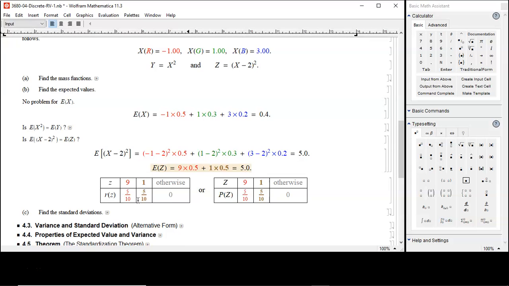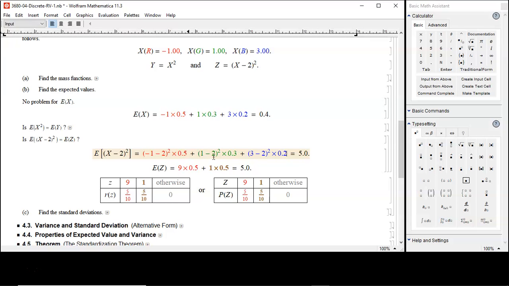So 5 red balls, and then 5 either green or blue balls together, because there's no difference between green or blue. So directly we can calculate like this from the mass function of z, or you can calculate from x because z is defined by x minus 2 squared. So for x we have red, green, blue, all of those. Because for x they're all different.